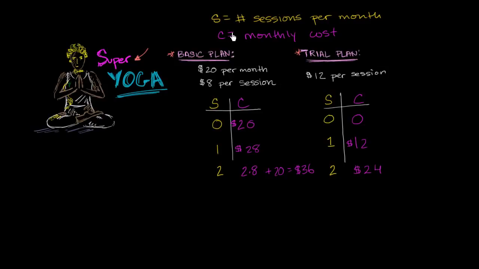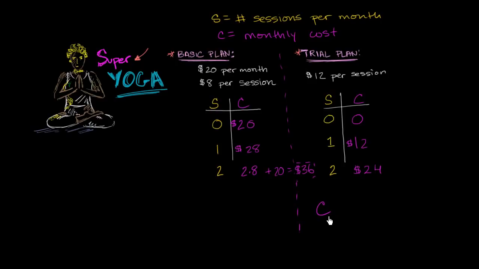So if we say that S is the number of sessions per month and C is the monthly cost, how can we express the trial plan as an equation? Well, we could say our total monthly cost, so this is for the trial plan right over here. Let me draw a dotted line to show that.